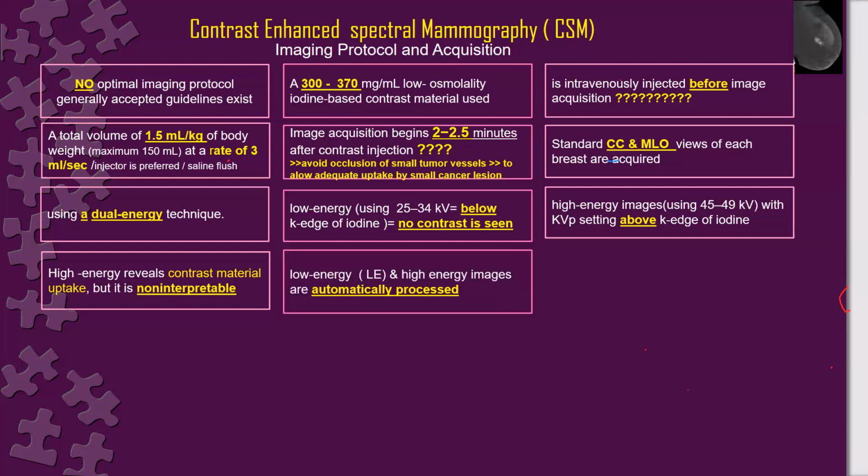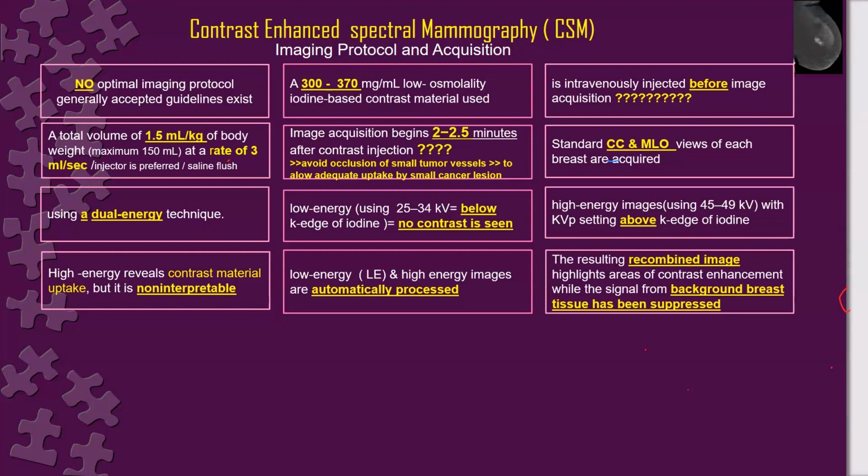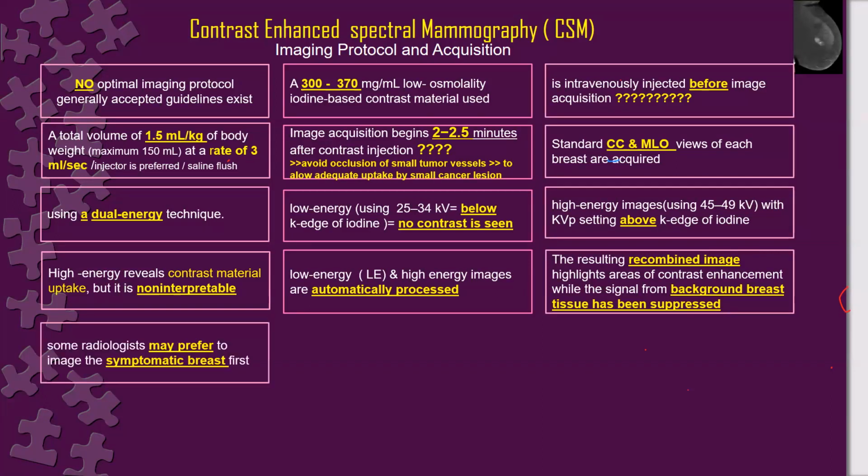The low and high energy images are automatically processed to give a recombined image, which is the interpretable one, highlighting the contrast enhancement because they subtract the background parenchyma.